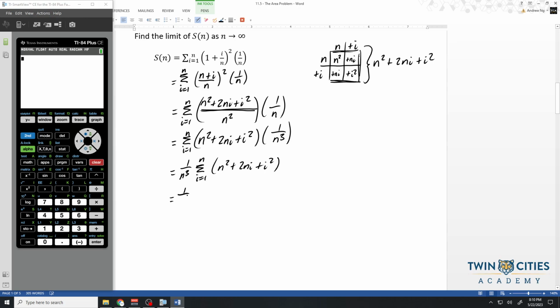So I've got 1 over n to the third all the way on the outside, big brackets now, and let's give each of these their own summation.